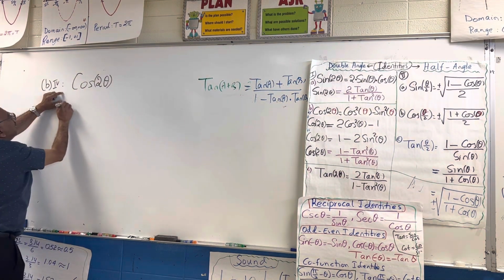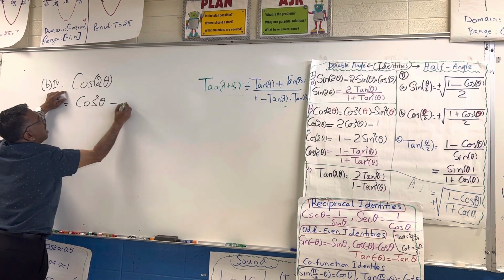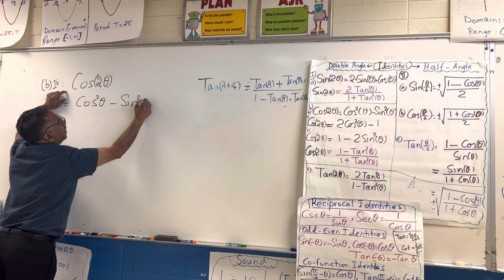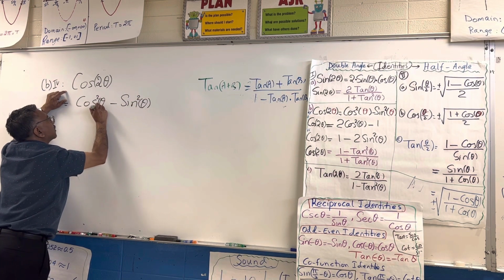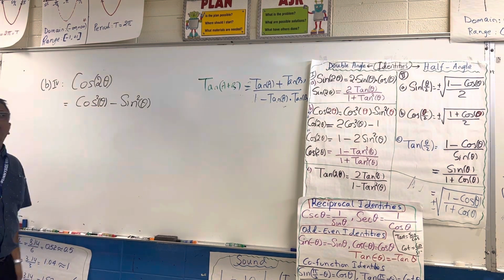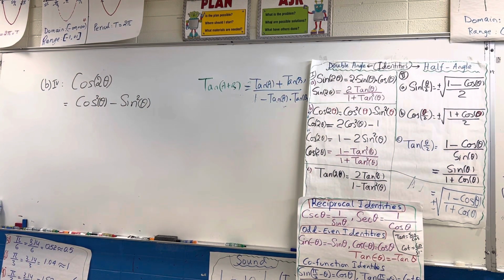We've already seen this, the first one is cosine square theta minus sine square theta. Come on, Jasmine, take it. All yours. Don't worry, just do what you can, and if you get confused, please ask.